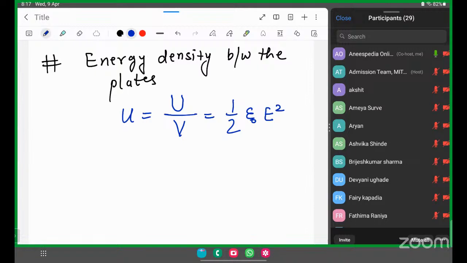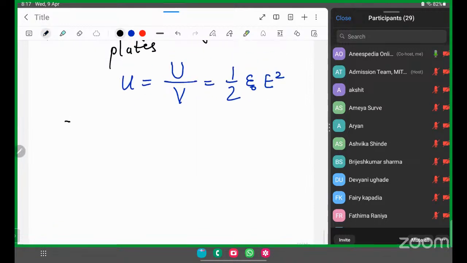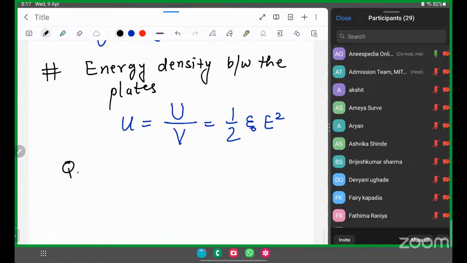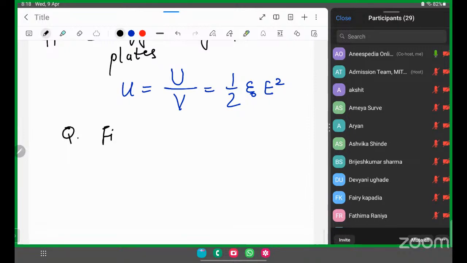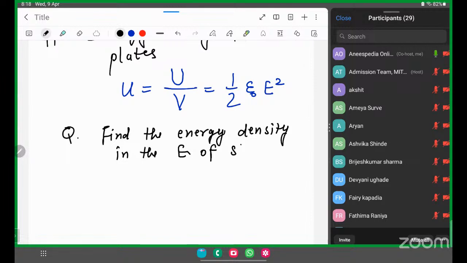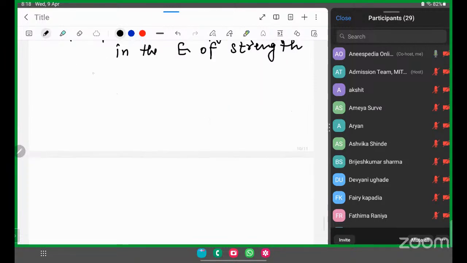For example, let's say we have to find the energy density in the electric field of strength 10 Newton per coulomb.